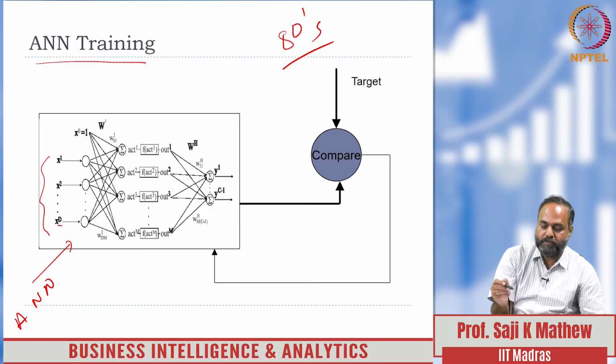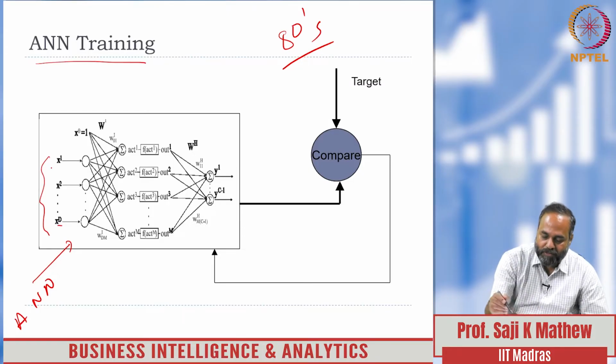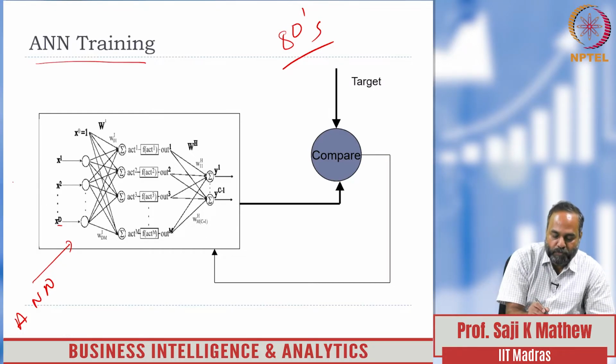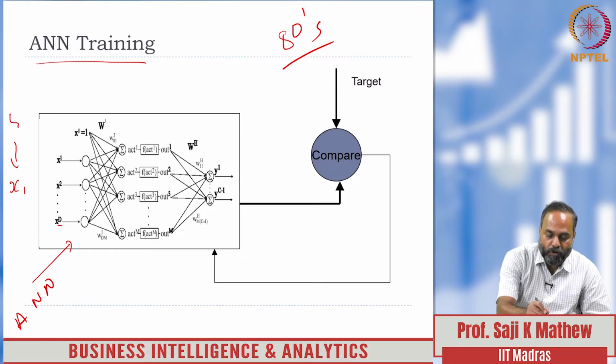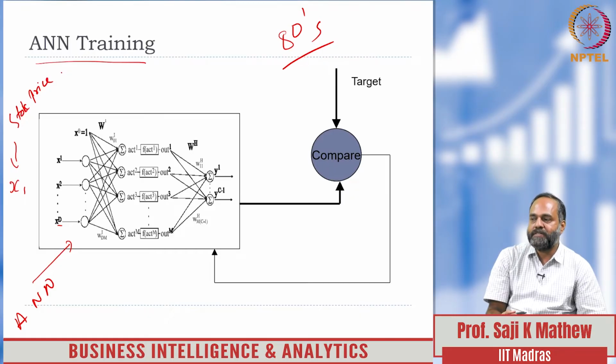In order to avoid confusion, let me actually use an input x1 here. I am inputting an x1, and suppose it is the stock price, which we are going to discuss soon. The stock price of an asset, say 10 years ago.